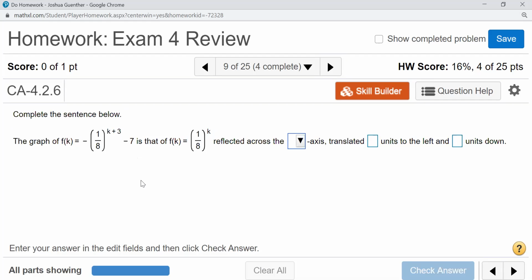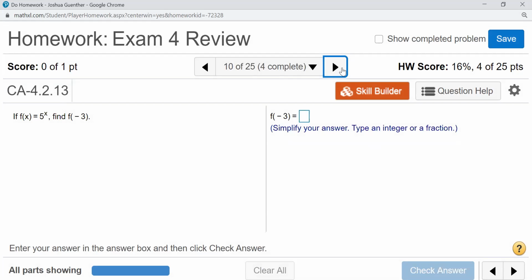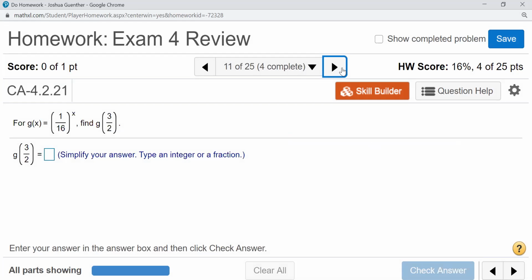That's going to move it to the left 3 units. You're subtracting 7 from the entire equation. That's going to move it down 7 units. And then you're negating the function itself, not the variable. So that's going to reflect it about the x-axis. So just remember your transformations of functions.